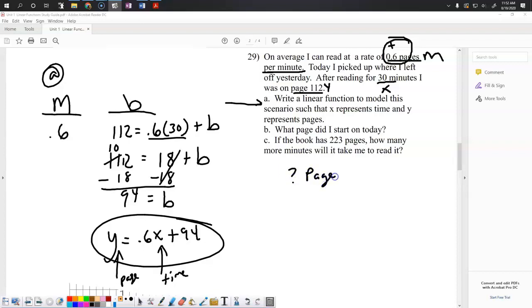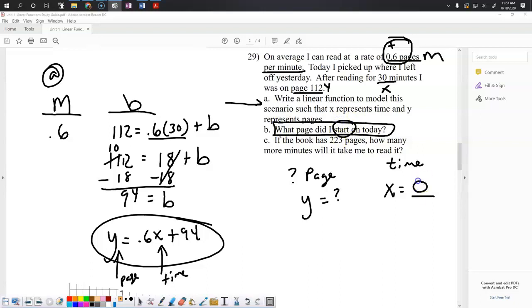What they really are asking me to find there is they're asking me to find what y equals, right? So if they want me to find y, that must mean they told me what x is. So what is x? And remember, x represents time. Well, the problem doesn't give me a number, but it says on what page did I start? And at the start, how many minutes have I been reading?